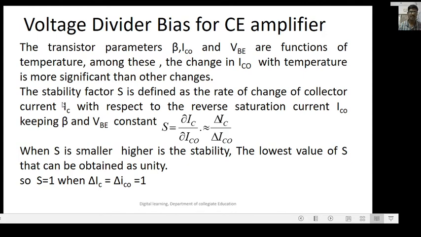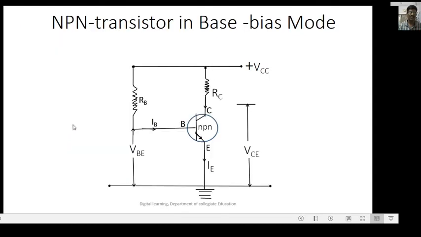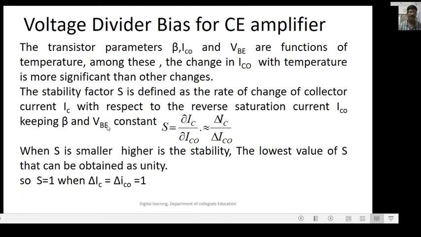The stability factor S is defined as the rate of change of collector current IC with respect to the reverse saturation current ICO, keeping beta and VBE constant. So here the stabilization factor S is equal to the change in collector current to the change in reverse saturation current.